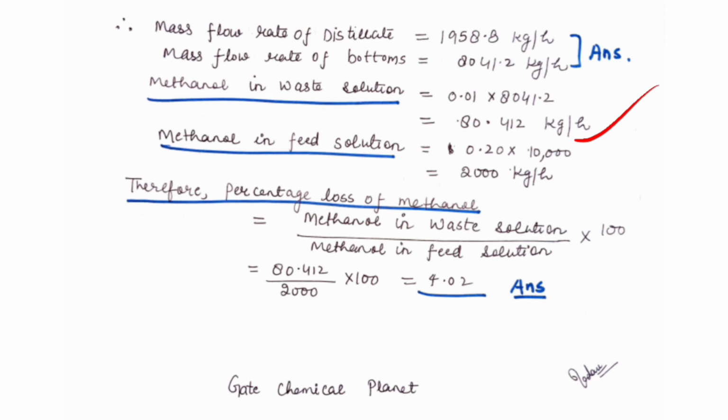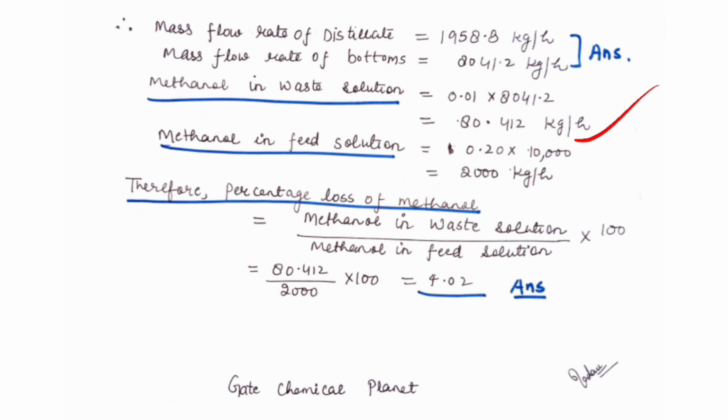It equals the methanol in waste solution divided by the methanol in feed solution, multiplied by 100. We have methanol in waste solution equal to 80.412 and methanol in feed solution equal to 2000 kilograms per hour, and multiplying by 100, the percentage loss is 4.02.